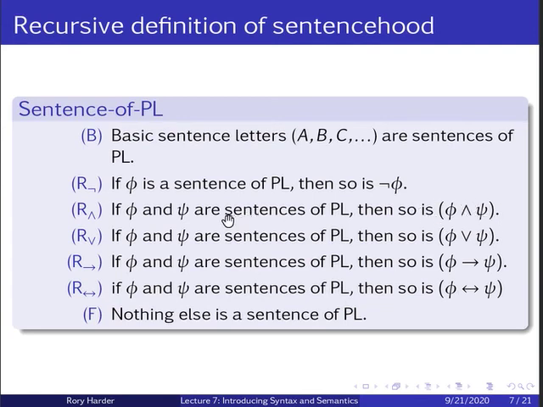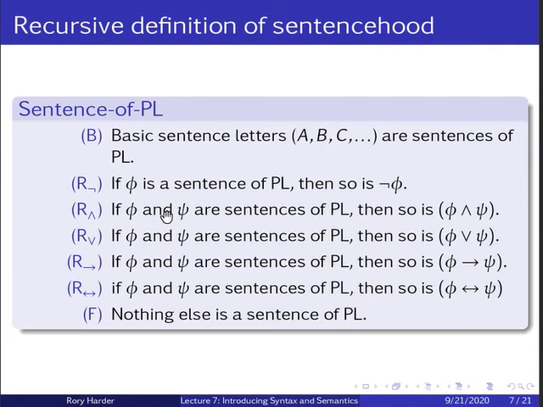this rule is a conditional and it says if phi and psi are sentences, then phi and psi is. And the only cases in which we can apply this conditional are cases where phi and psi are themselves built up out of basic sentence letters.